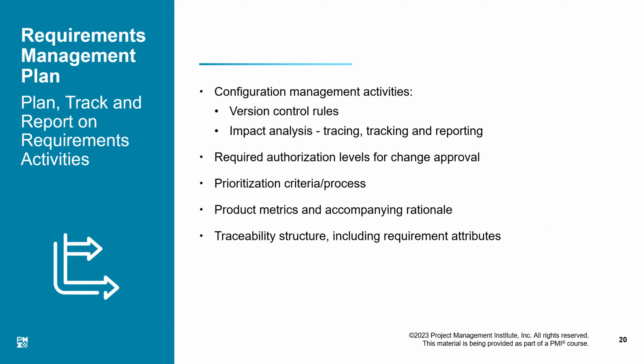We can add new requirements, we can change the requirements, we can remove the requirements from the requirement traceability matrix. So all the processing about the requirements, which will change over time, is covered in the requirement management plan, which tells us what to add and what to subtract from the project.